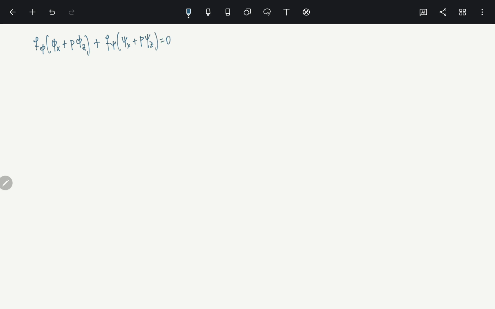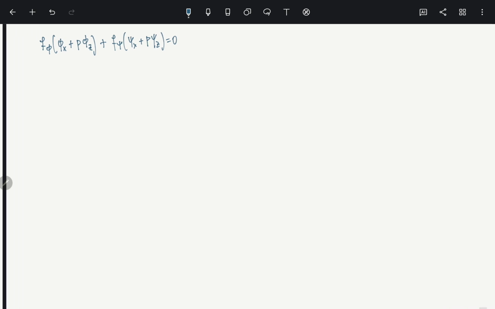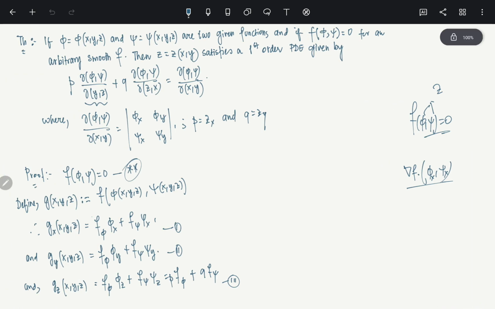Please do this calculation. It's not very difficult. These two terms will be adding up, and the other two terms you have to multiply by p and then put together.